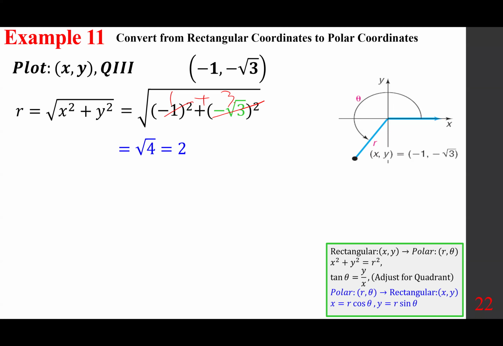And to find the theta, basically tangent theta is y over x, or theta is the tan inverse of that. And tan of theta equals square root of 3 happens to be a common arc, everybody.